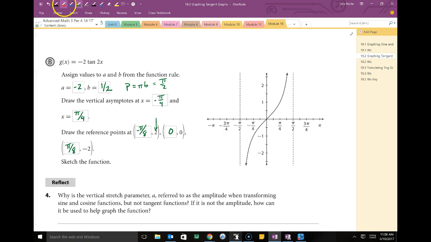The first thing I'm going to draw is my vertical asymptote. So where's my first vertical asymptote? At -pi/4, so it's going to exist right here. Down here, +pi/4. Then I'm going to draw my 3 reference points. Where is my first reference point laying?